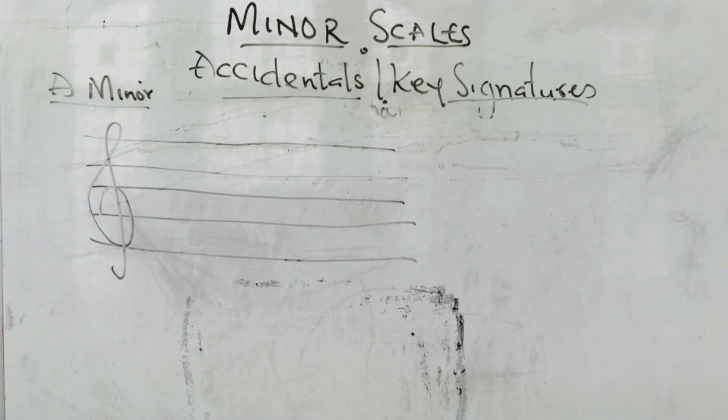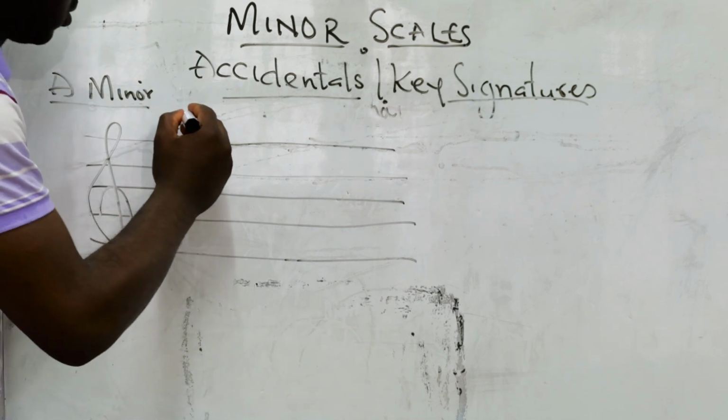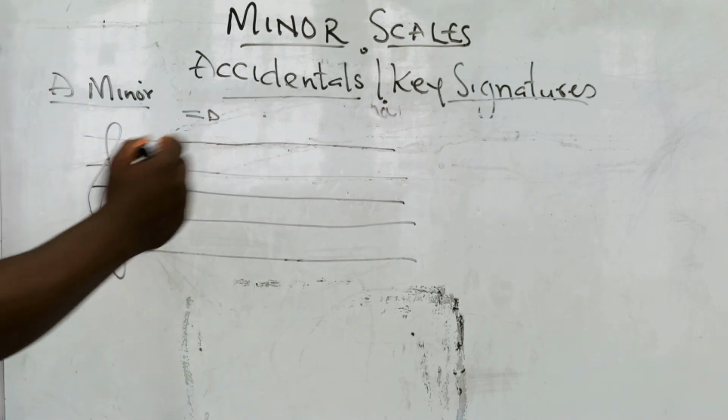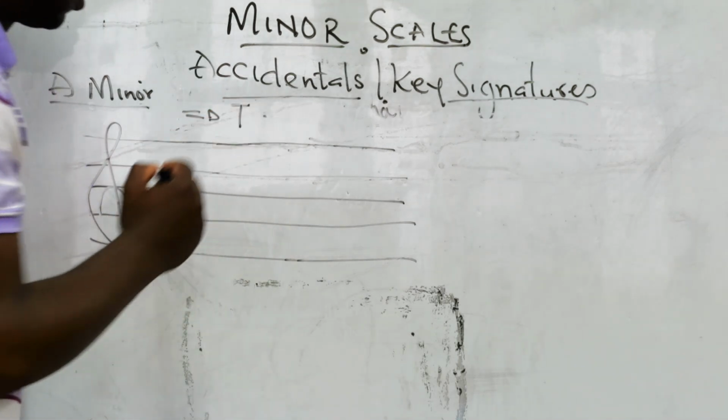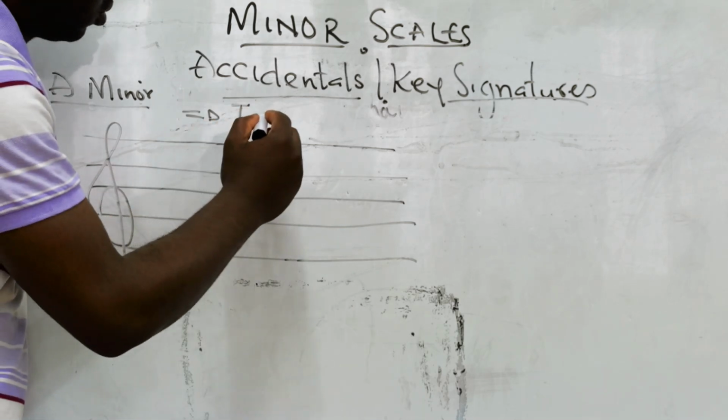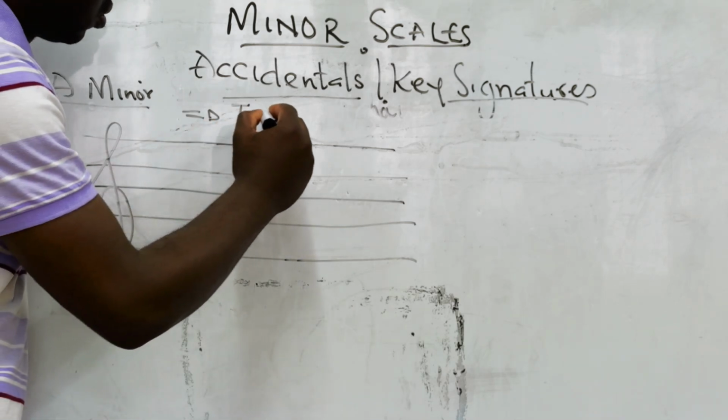Now, for the harmonic minor scale, what is our intervallic structure? Do you remember? Our intervallic structure is tone, semitone. Tone, semitone.